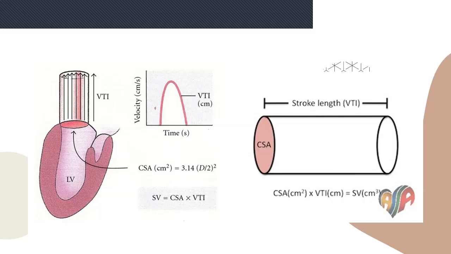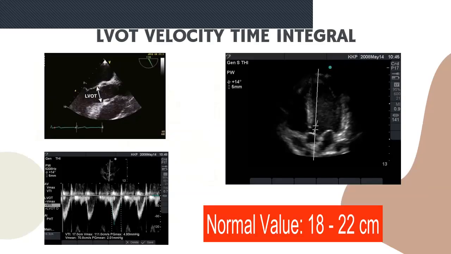So to get the cross-sectional area, first you have to look at the heart in the long axis view, and you have to look at your LVOT. You take the measurement of the LVOT diameter from the insertion of the aortic leaflet. Okay, and you measure the diameter perpendicularly, and that is your diameter.